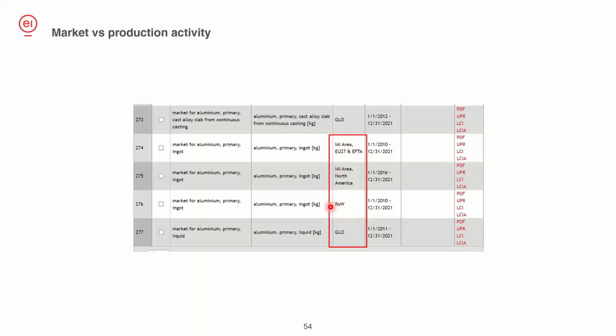You can look in the metadata what this geography, for example, includes. So after you select the activity and the geography that best represents your case, then you can also decide how you want to access the dataset: in a unit process format, in a cumulative LCI format, or you just want to look at the impact assessment results.